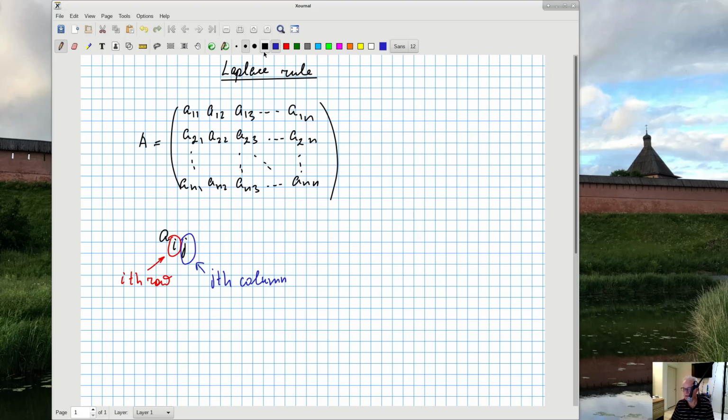Now let's introduce notation. Let's introduce a matrix. Let's start with matrix A_1,2.